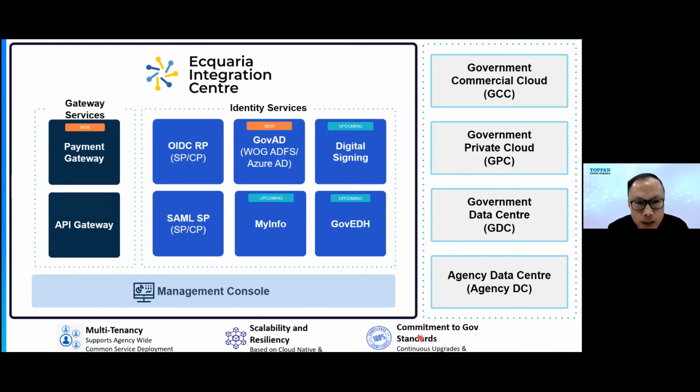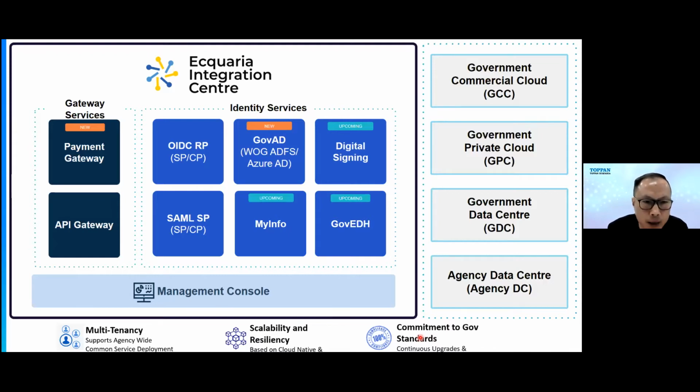Firstly, when the specification of a government service changes, we are committed to enhance our products and solutions to meet these changes in the shortest possible time, such as when GovTech announced the transition from SAML to OIDC, as well as the recent spec changes. We have quickly enhanced our product to meet these new changes in specifications.